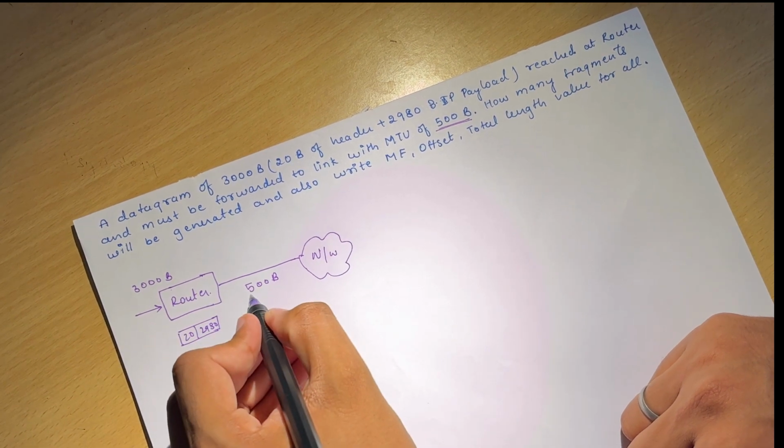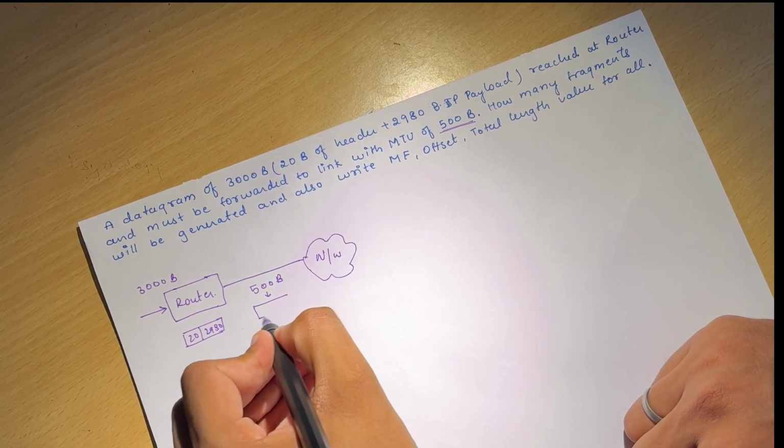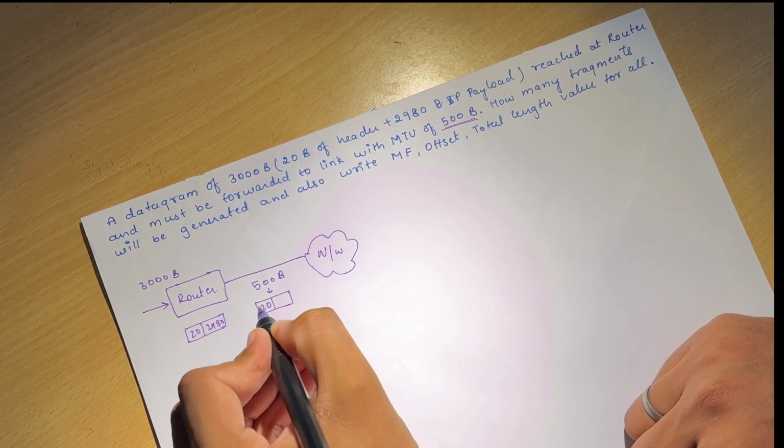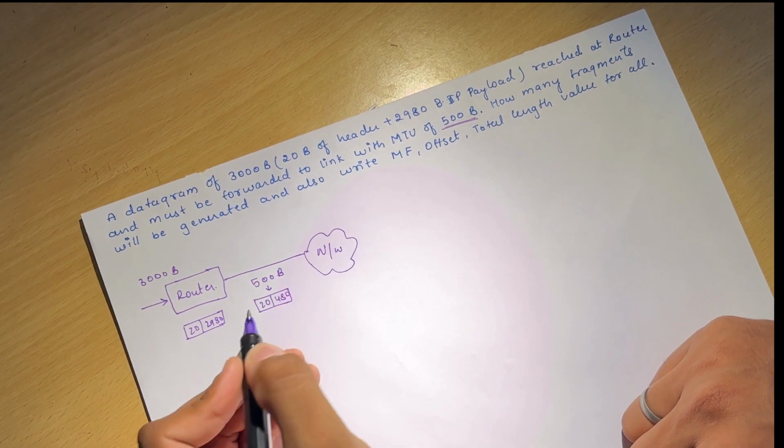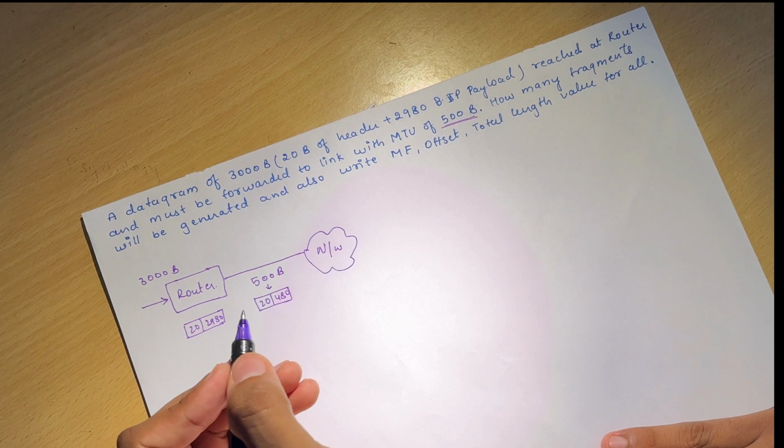Now this 500 byte is divided into two parts, which is 20 byte header and 480 byte of the actual data we want to transmit.